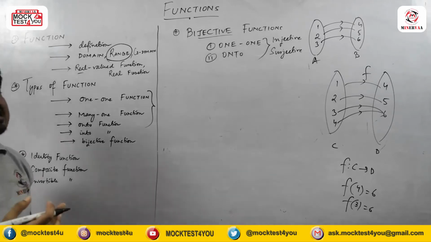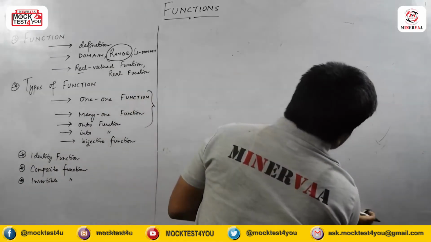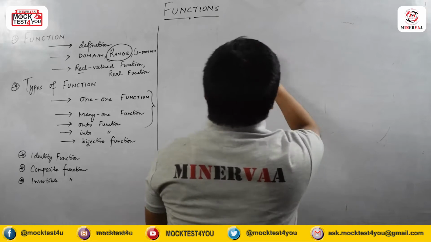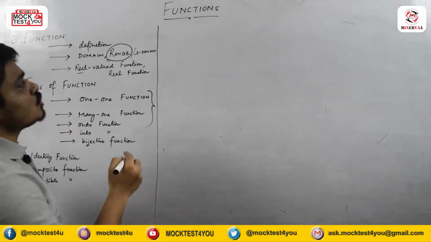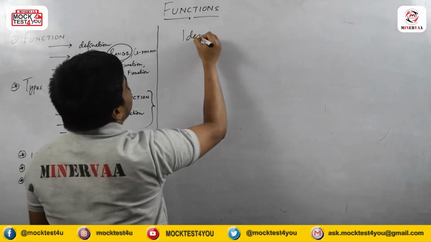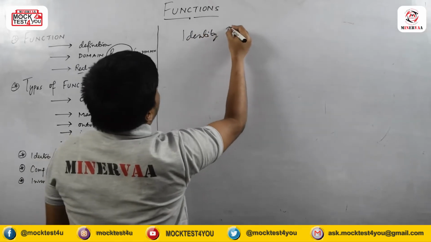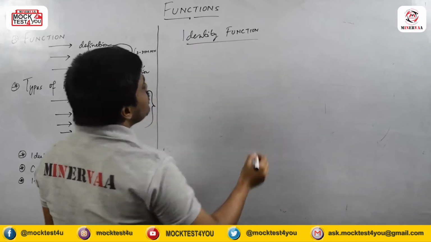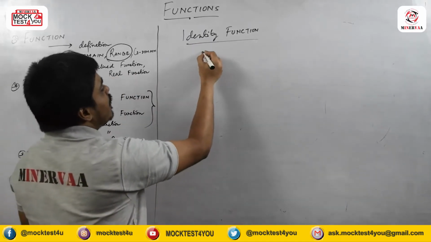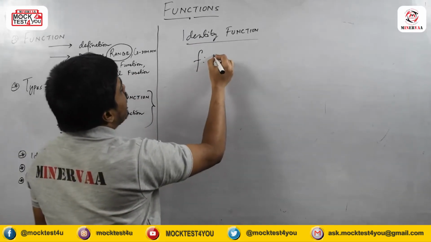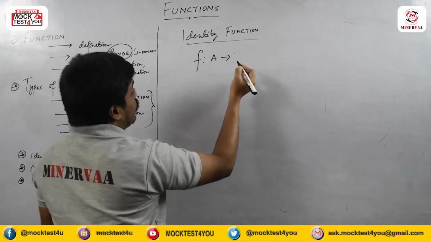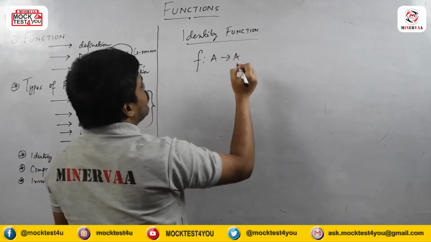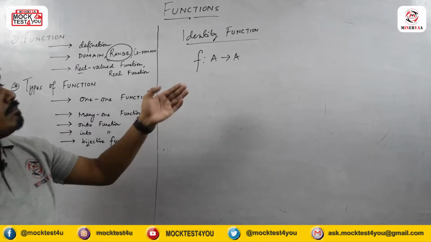Now we have identity function. So what is identity function? We have done identity relations. Now, a function f: A to B. Sorry, A to A. It's not A to B, A to A. It's the same set.